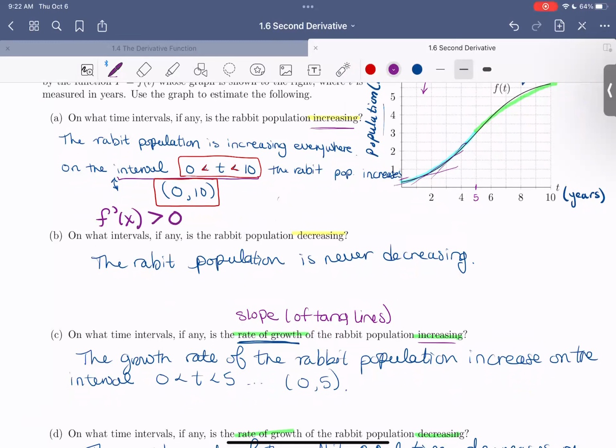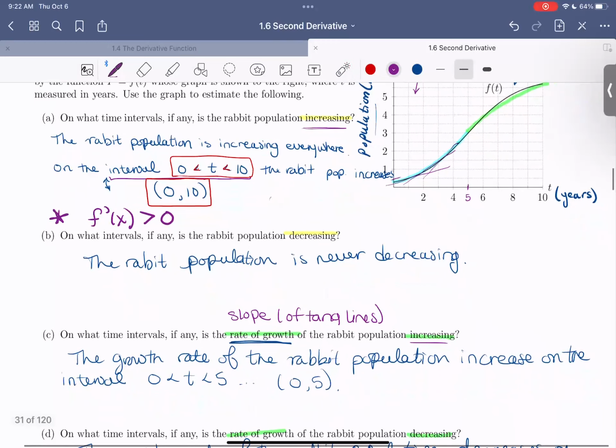So when our function is increasing, our first derivative is positive. We could say f prime of x is bigger than 0 on the interval from 0 to 10.